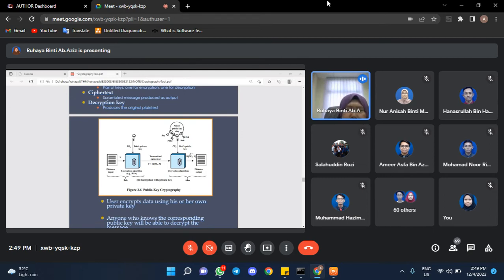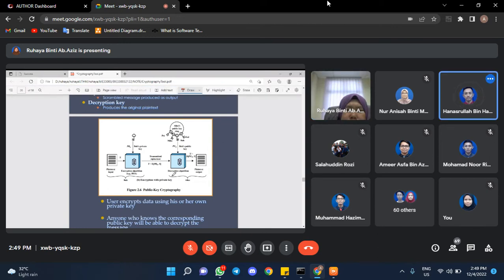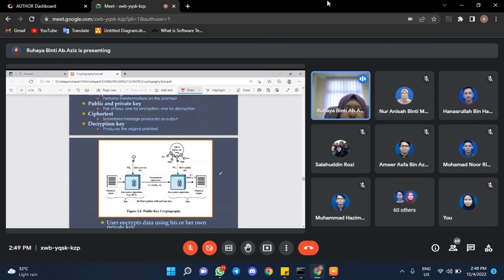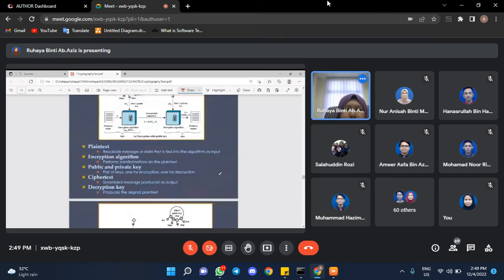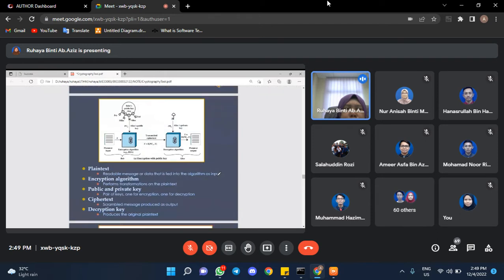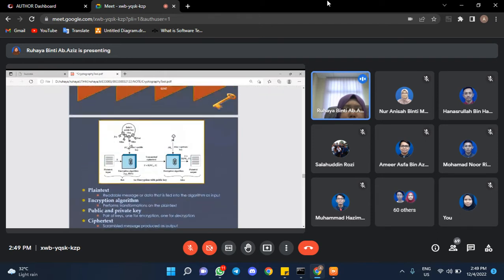Okay, can we continue? Yes. Sure. Okay, yang ini tadi. Dia ada dua cara untuk asymmetric key. Whether they encrypt and then send using public key, tapi bila dibuka dia guna private key.